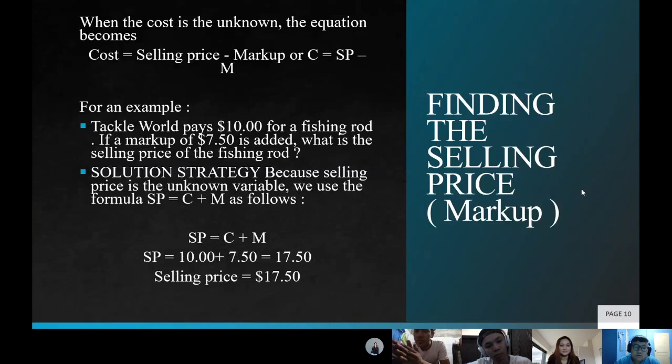For the solution strategy, because selling price is the unknown variable, we use the formula SP equals C plus M. SP equals $10 plus $7.50. The total is $17.50. The selling price is $17.50.